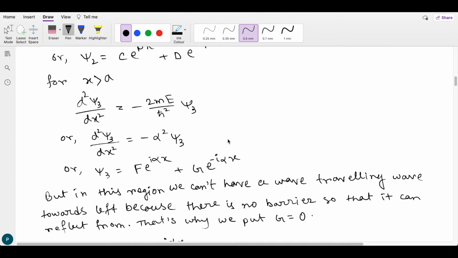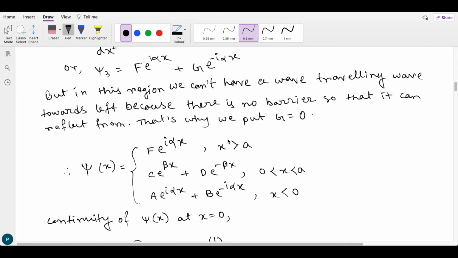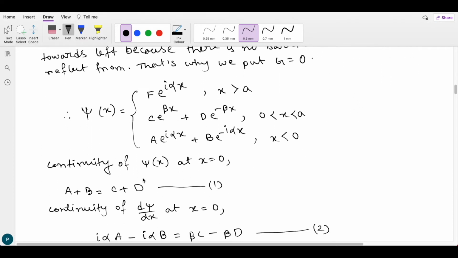That is why we put G equals 0, and our total solution becomes F e to the power iαx for x greater than a, C e to the power βx plus D e to the power minus βx for region 2, that is x from 0 to a, and A e to the power iαx plus B e to the power minus iαx for region 1, that is x less than 0.